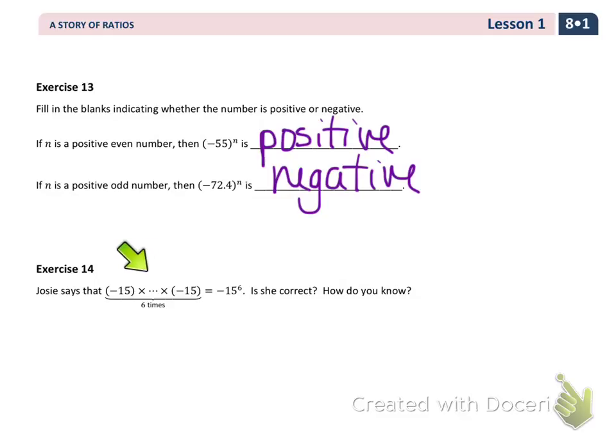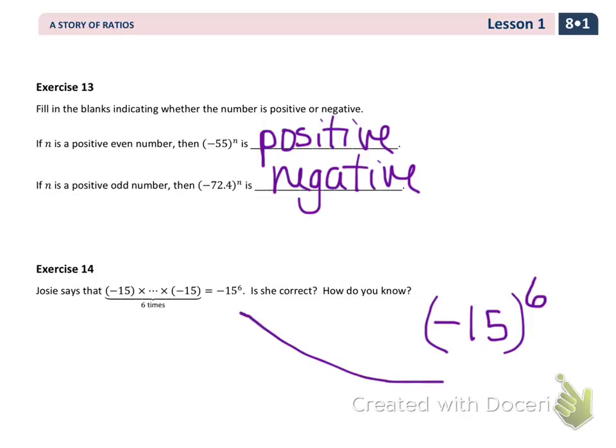So we said back earlier that if we want negative 15 to be the base, we should write it like this, negative 15, with parentheses around it to the 6th power. So the question is, are these two numbers here the same? Do they have the same value?